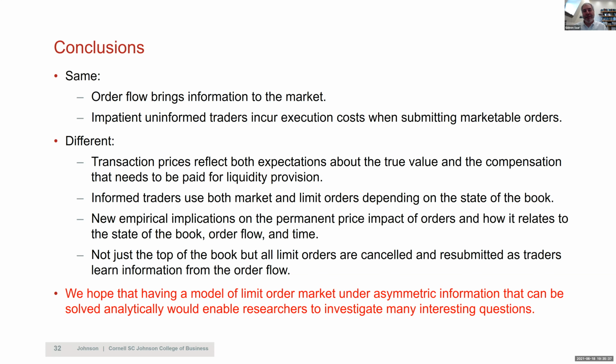Right. So you can think about several things. First of all, a thinner book will include more information than a thicker book, right? Because a thinner book would mean that the limit orders can be informed, that arriving limit orders will be informed, and so on and so forth. And you could use the difference in depth. Difference in depth will tell you in our model what kind of orders will bring information, right? Incoming information.